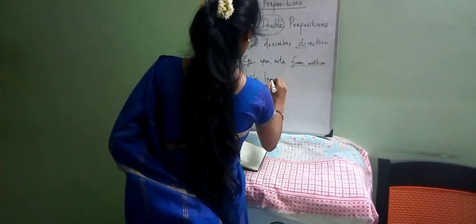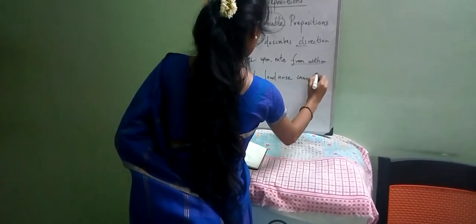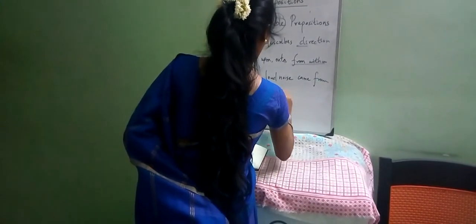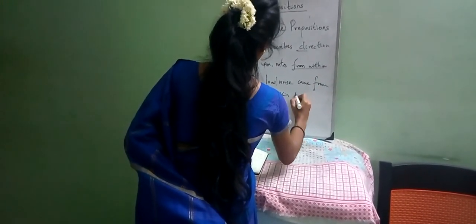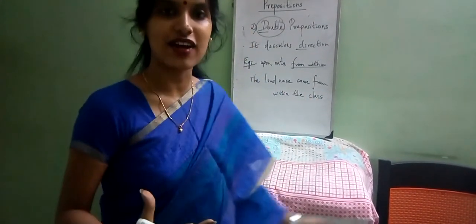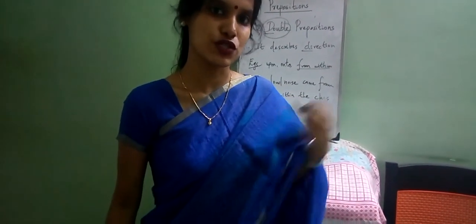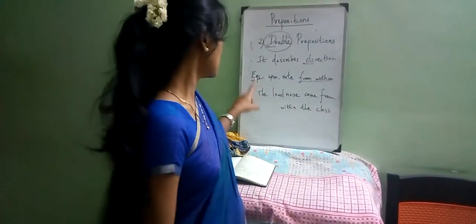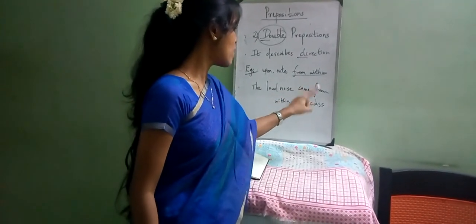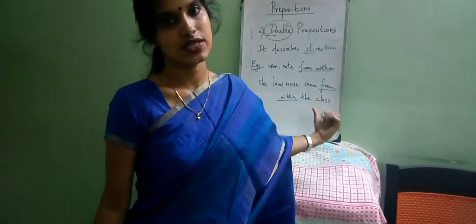The loud noise came from within the class. So when you are inside the class, when you are making so much noise, how could you use this double preposition for this particular situation? The loud noise came from within the class. So this is the double preposition here. This also describes the direction of the noise in the sentence.